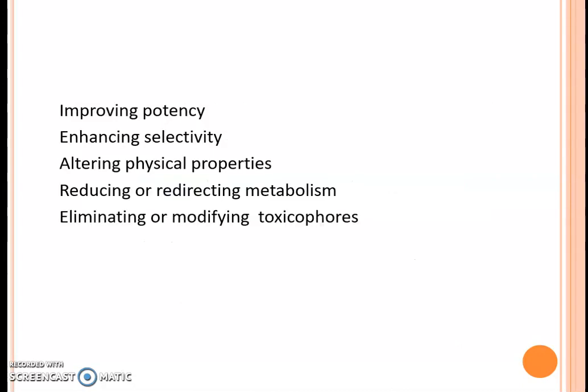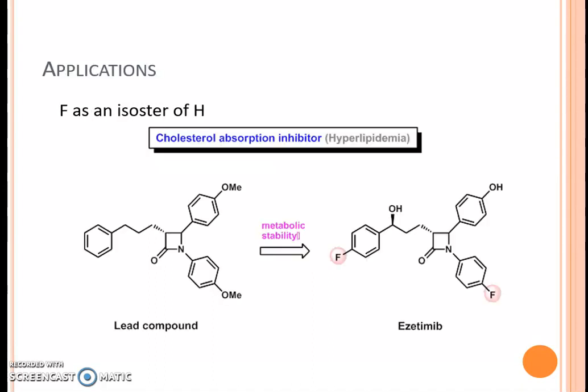So what is the use of bioisosters? They improve potency, enhance selectivity, and alter physical properties. They can reduce or redirect metabolism and eliminate or modify toxicophores. See some of the applications.